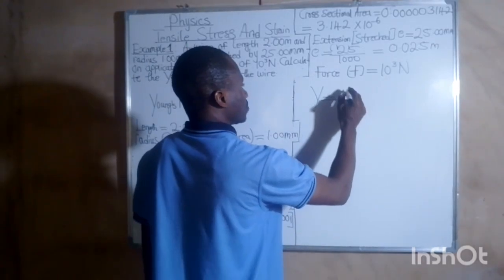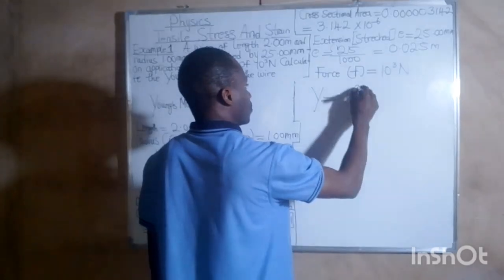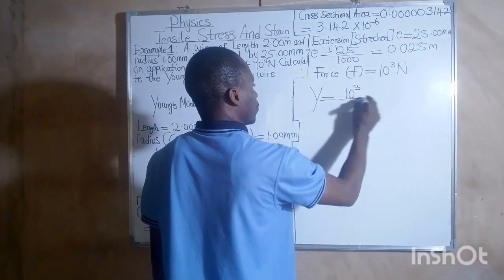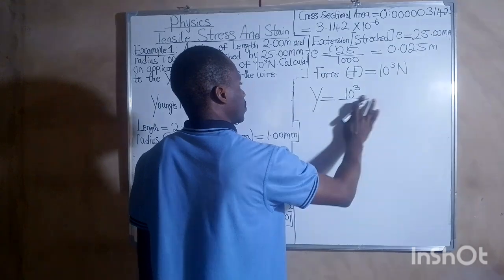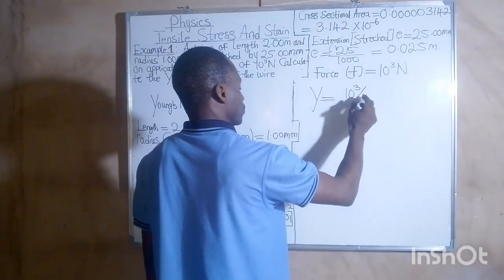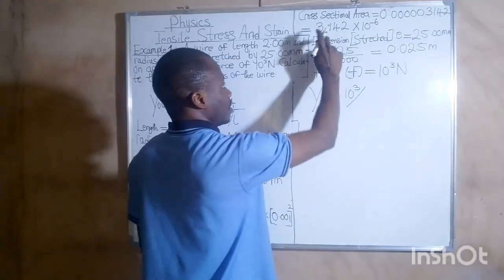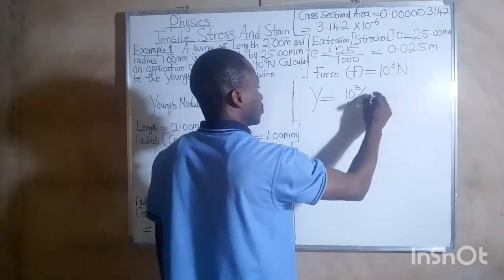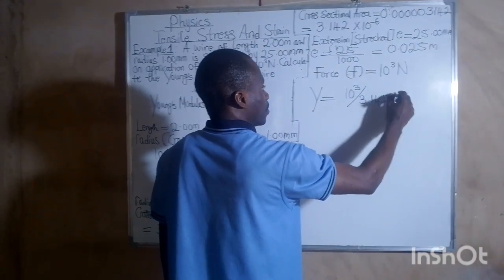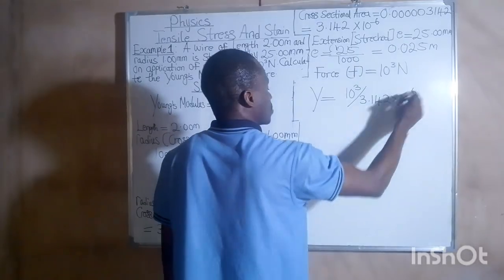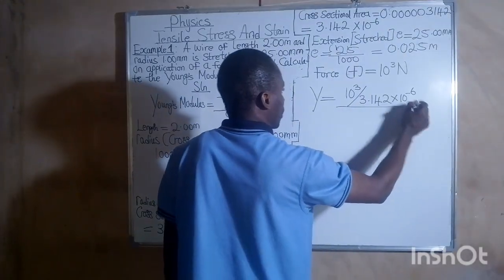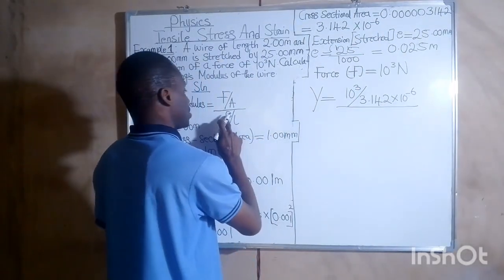Our F is 10 raised to power 3 over, you can do it like this, over A. What is our A? Our A is 3.142 times 10 raised to power minus 6.